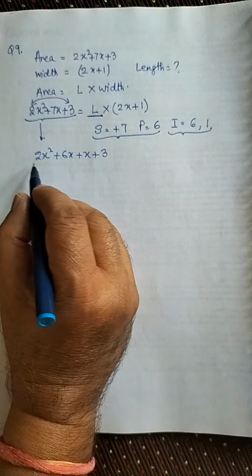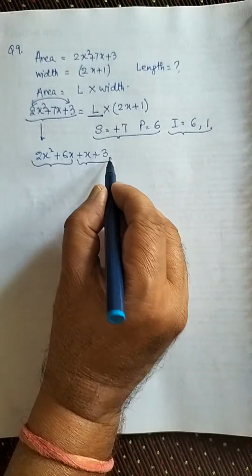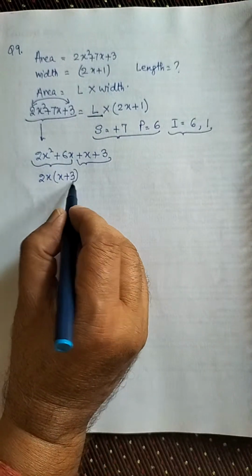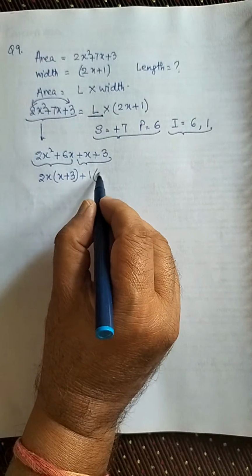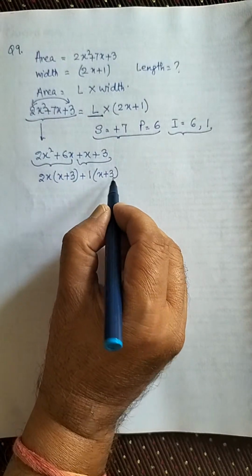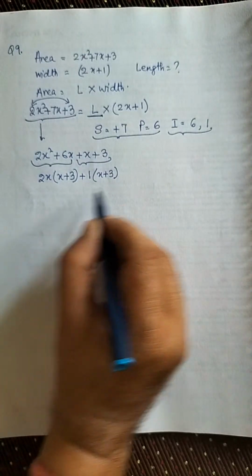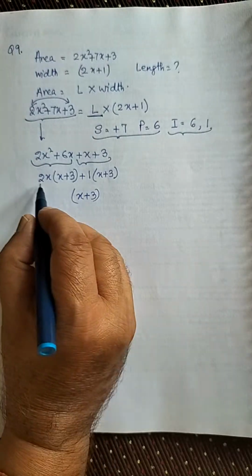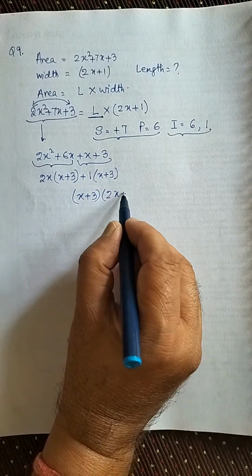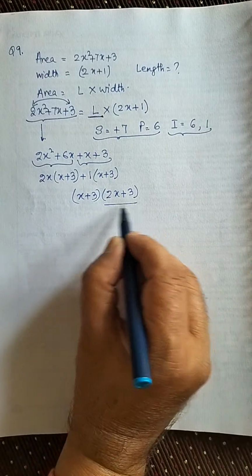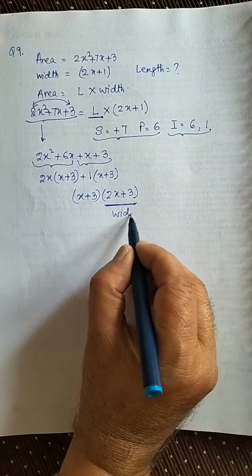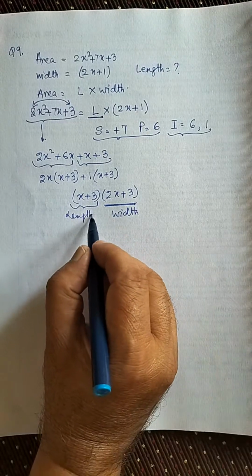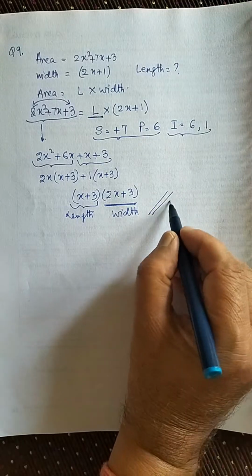Now group it. Take 2x common here, x plus 3, 1 common here, x plus 3. Now x plus 3 is common, so you take it out, x plus 3, and you are left with 2x plus 1. This is your width. So this part is your length, and that is your answer.